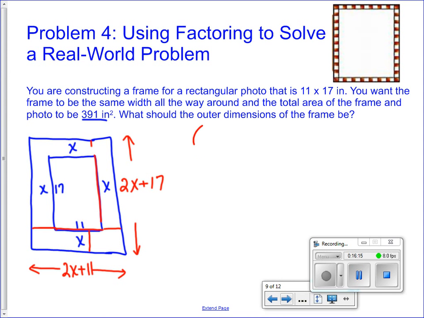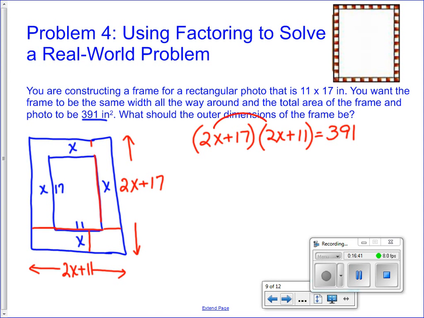Now, what happens then is when I multiply my length and my width together, I want to get 391 square inches. So we are going to FOIL this, and then we're going to have to make this right side equal to 0. So this is going to involve several steps.